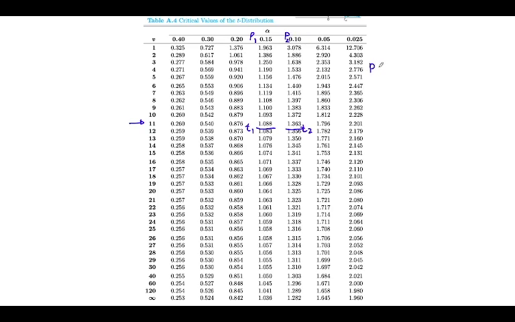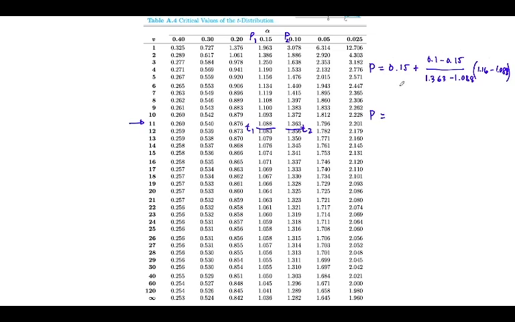Our p now is equivalent to p1, which is 0.15, plus p2 minus p1, that's 0.1 minus 0.15, over 1.363 minus 1.088, and then we will be multiplying this with t, which is 1.16 minus t1, 1.088.